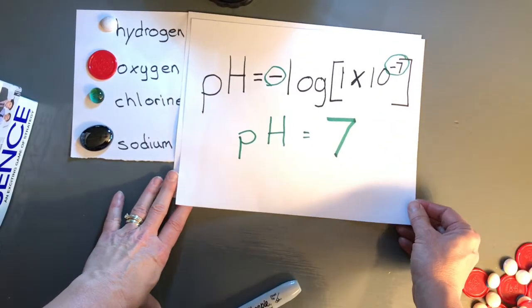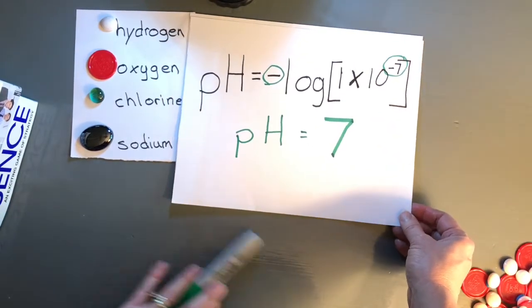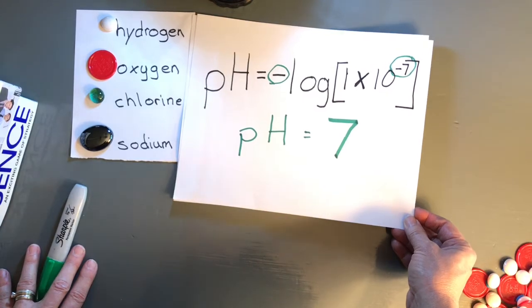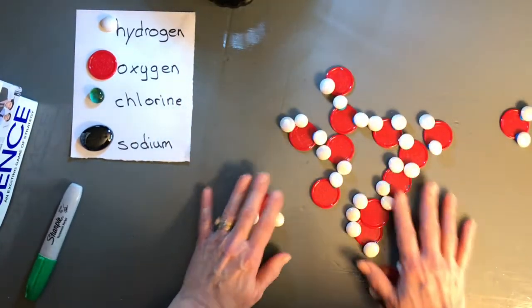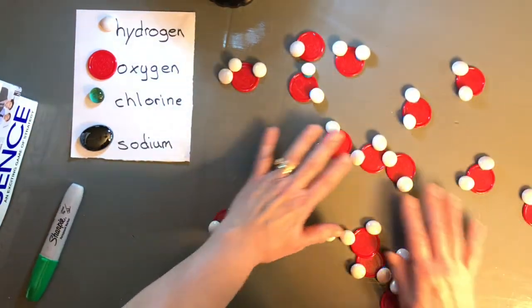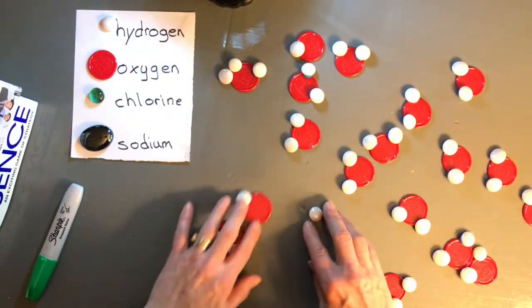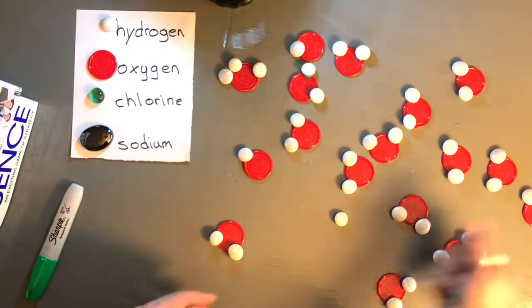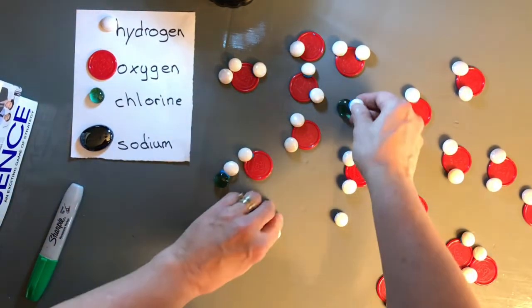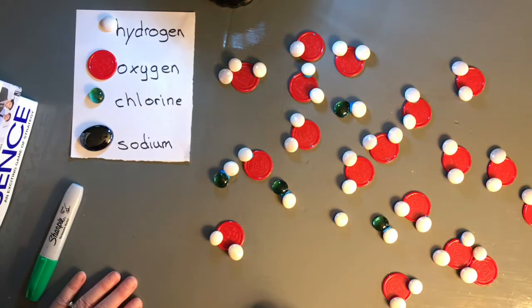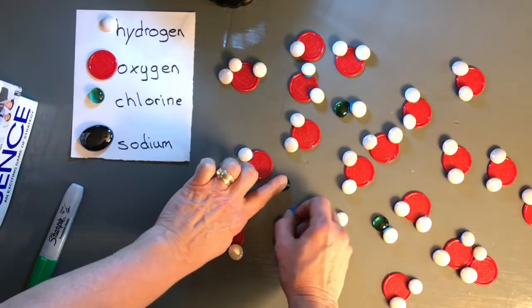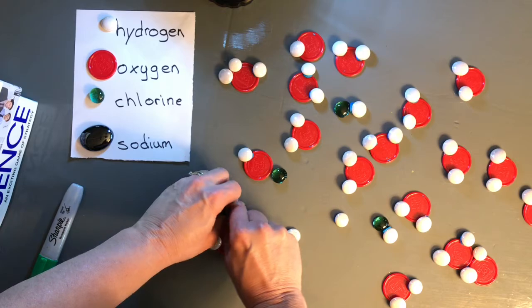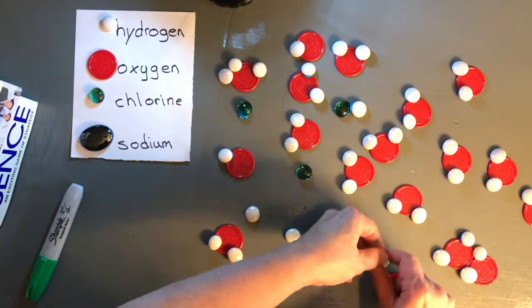Acids always have a pH lower than 7. The reason is, if we have an acid, when we have all of our water molecules, there's extra. Here's hydrochloric acid. I'm putting some HCl in here. And when I put some HCl in, they dissociate, and I'm left with a lot of hydrogen ions.